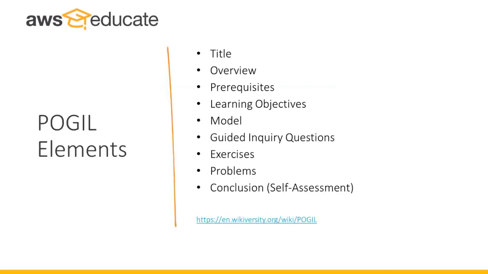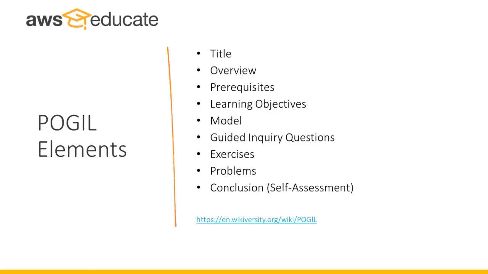The POGIL elements are a title introducing the activity, a 3-sentence overview that gives it context and perspective, any prerequisites that are necessary for the learning experience, the learning objectives or outcomes that you want to achieve in this activity, and then a model or example.